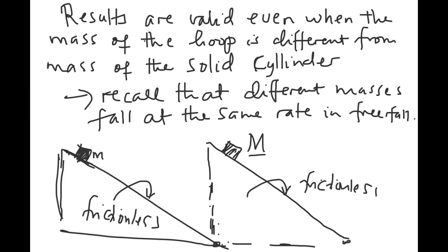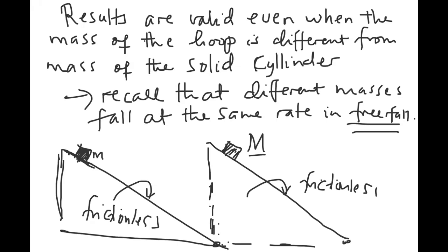So the point is, we see that in free fall, objects fall at the same rate. In other words, if you drop two objects of different masses from the same height, they will touch the ground at the same time. Likewise, on an inclined plane, mass is not an issue. Different masses will speed up at the same rate and they will touch the ground at the same time.